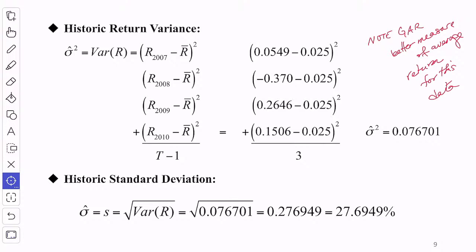You could put this data into your calculator. You could use Excel. The point is, whatever you do, you should be able to calculate the variance and then standard deviation. So try this yourself.